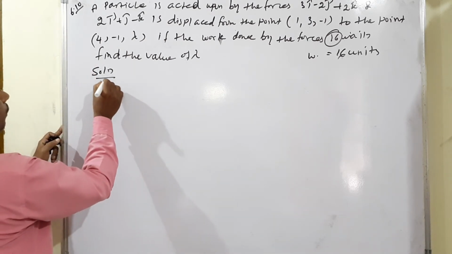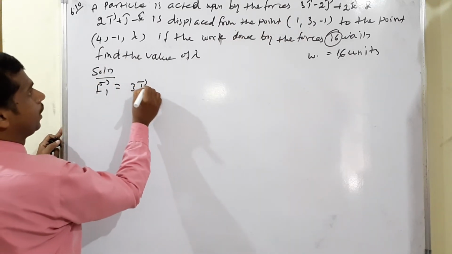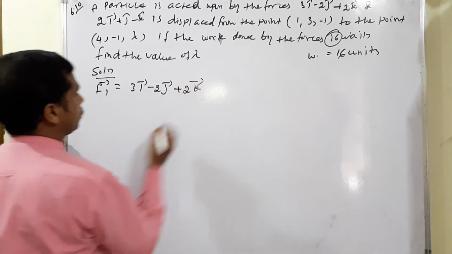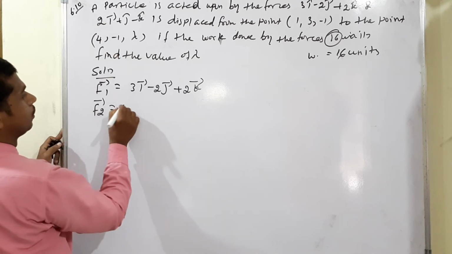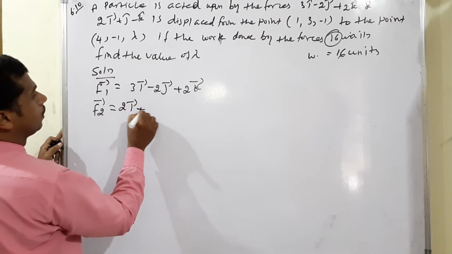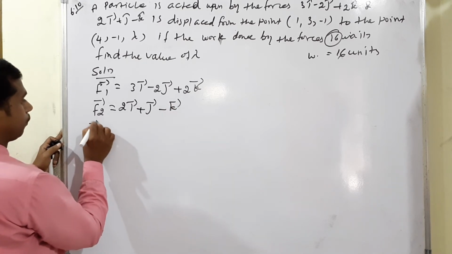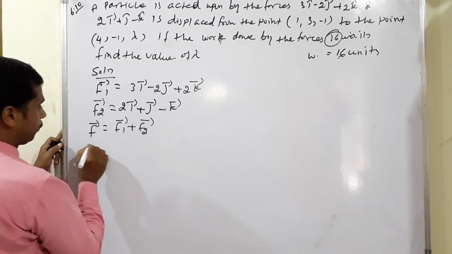F1 vector is equal to 3i vector minus 2j vector plus 2k vector. Then F2 vector is equal to 2i vector plus j vector minus k vector. Therefore, F vector is equal to F1 vector plus F2 vector.